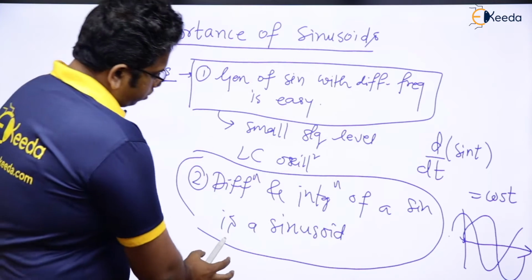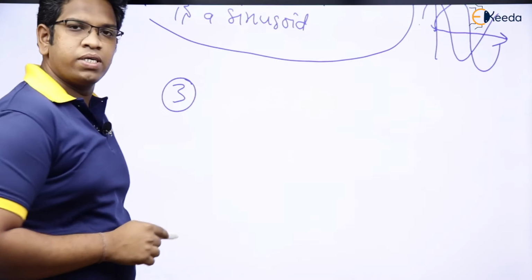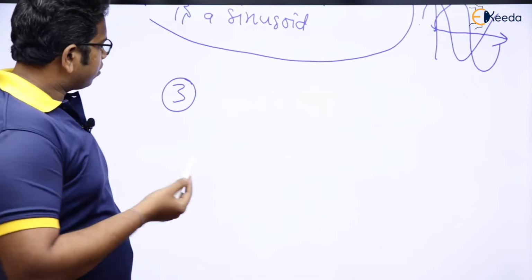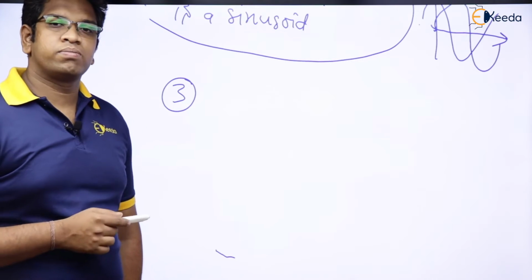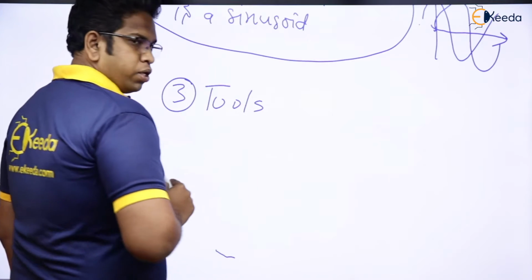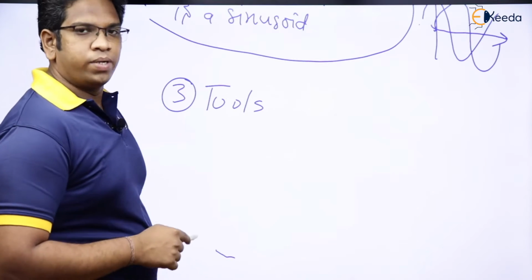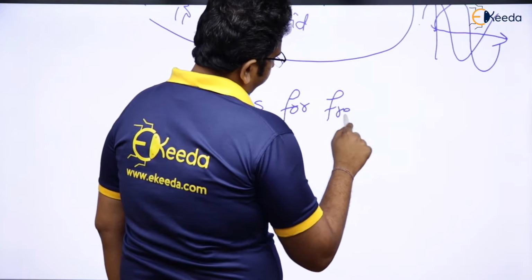Let us see what control system people have to say. Answer number 3, which people give. Control system faculty says, yes, there are many tools to analyze the system in the frequency domain.